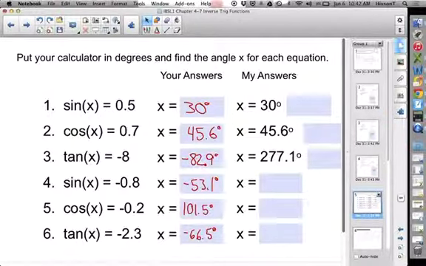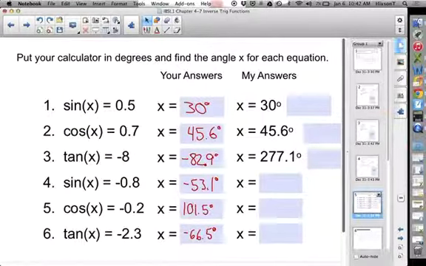I got 45.6. Oh, because you subtracted it from 360. Okay, so there's a variation. Now, hang on. With tangent, we went between negative pi over 2 to pi over 2, which was negative 90 to positive 90. This is outside of 90, right? Punch in tangent of 277.1.